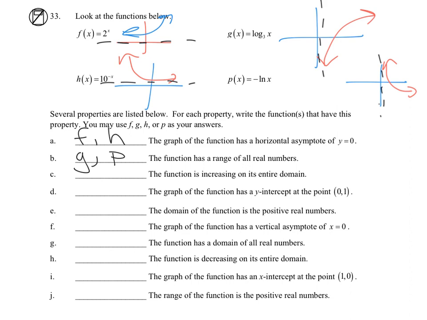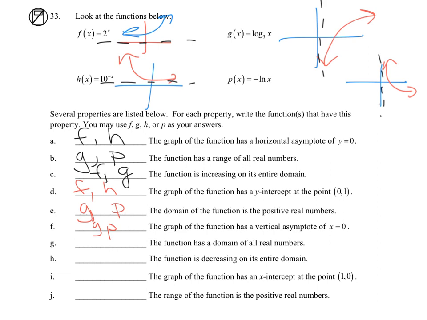Increasing the entire time, so that is f and g. For increasing and decreasing, you have to read your graph left to right. The graph has a y-intercept at 0, 1. That is both of the exponentials. The domain is positive real numbers. That is the logarithmics. Has a vertical asymptote, also the log graphs.